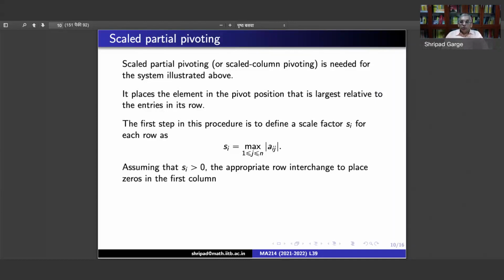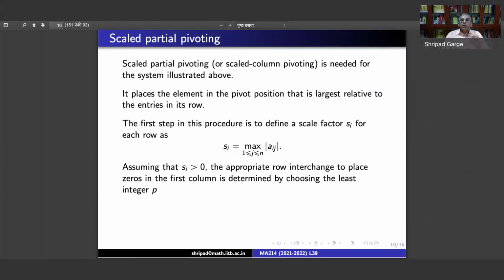Now the appropriate row interchange to place zeros in the first column is determined by choosing the least integer p with mod ap1 upon sp equal to the maximum of mod ak1 upon sk. What used to happen earlier is that we would just look at the ap1. We would not consider this scaling factor at all.